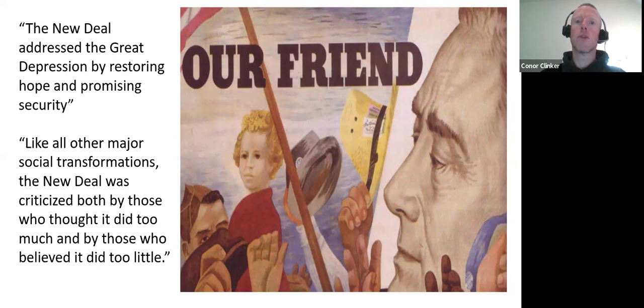So, should you be paying taxes in order for the government to hire people to paint murals? I don't know, maybe. Our friends, and it shows President Roosevelt. Do you want, need, or expect the President of the United States to be your friend? That's an interesting question for you to think about.